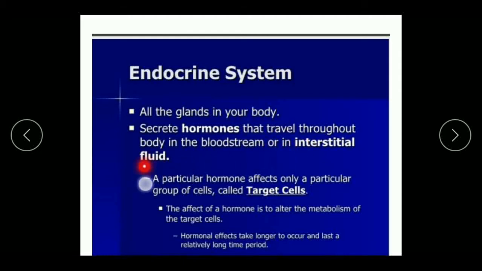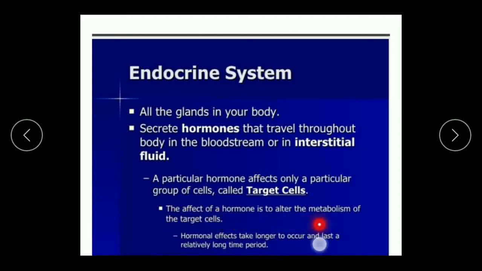A particular hormone affects only a particular group of cells, called target cells. A specific organ that is acted on and influenced by the hormone is called the target site or target cell.